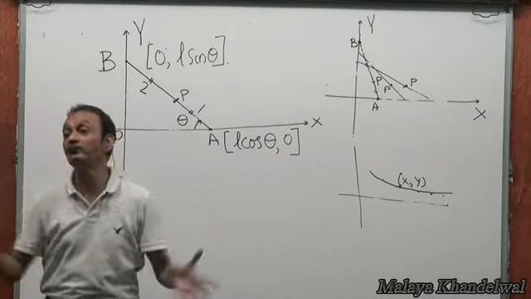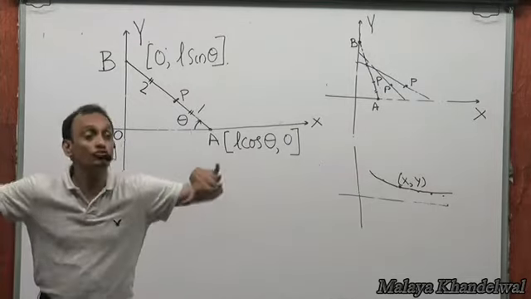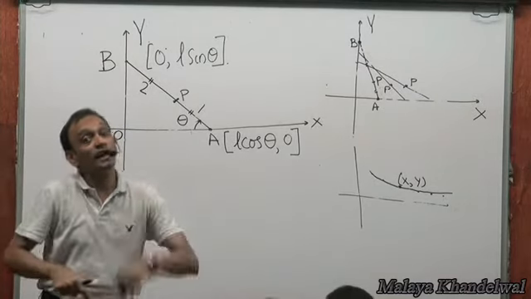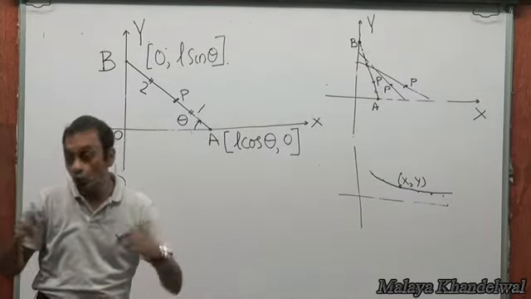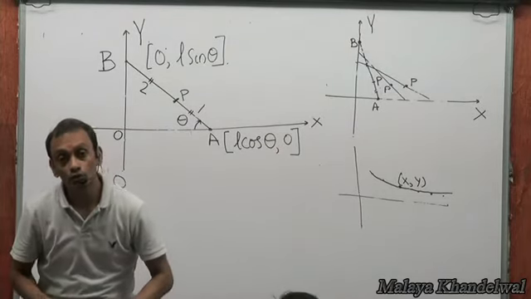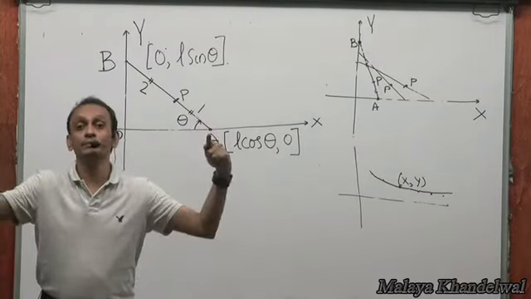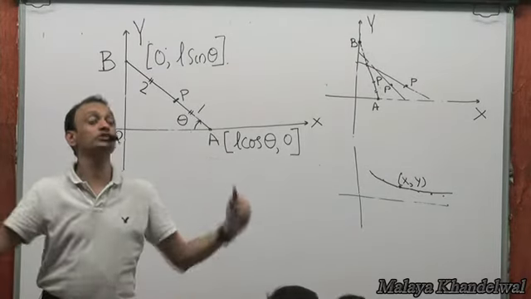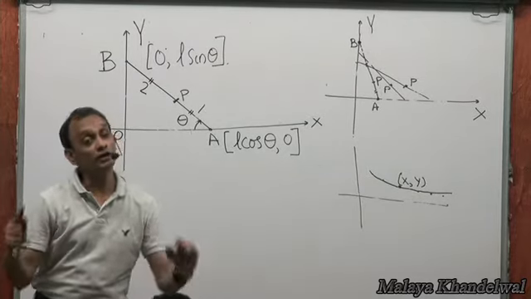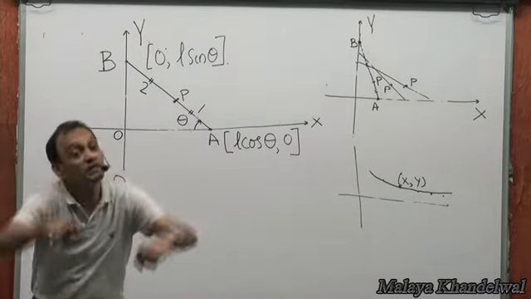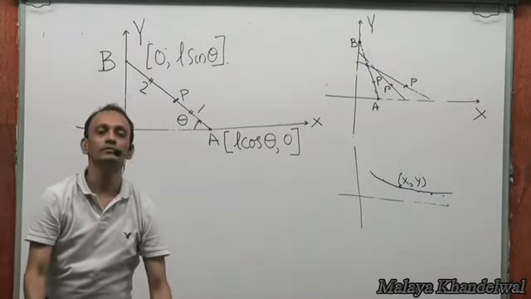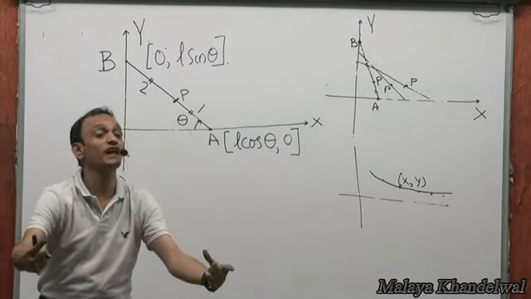Should be true for any value of theta in this case, which can only happen if that relationship does not contain, if that relationship is not contaminated with the parameter.